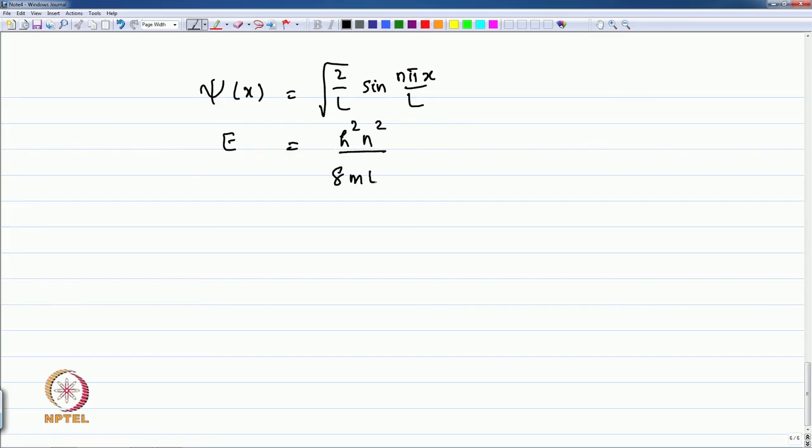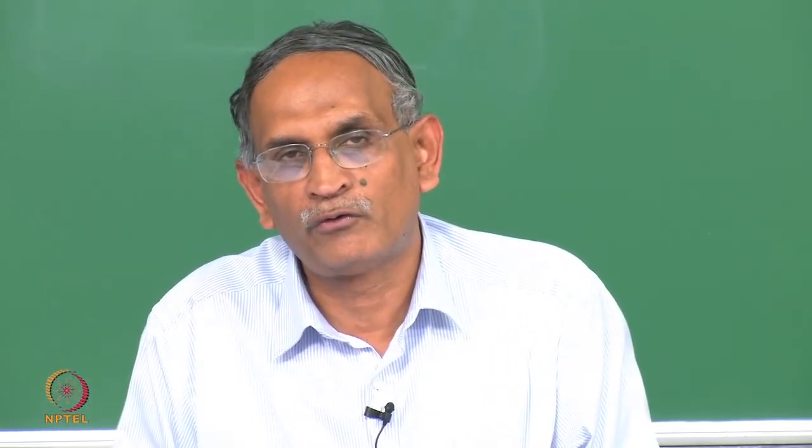Now, because the energy is given by the quantum number n, let me use a highlighter here, because it is given by n, and n can take any number of values, and for that n the corresponding wave function is sine n pi x by L. We see that there are many solutions to the wave function and many solutions to the energy.